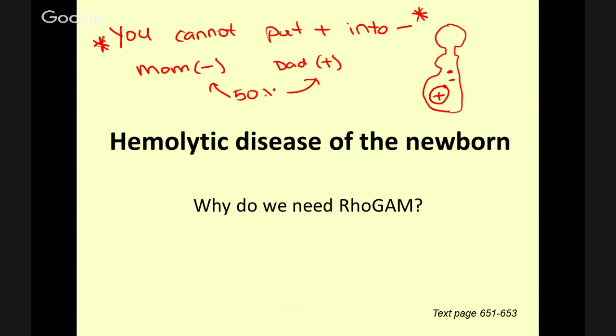Now, the good thing is, if this is the first baby, the mom's blood and the baby's blood do not mix during the pregnancy. Remember, the placenta is where things are swapping over. So actually, the mom is not in contact with this baby's blood while the baby is developing. But remember that when the baby's being born, there is a mixing of the mom's blood and the baby's blood.